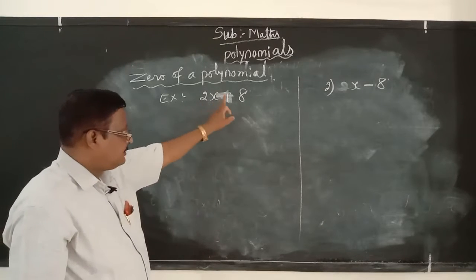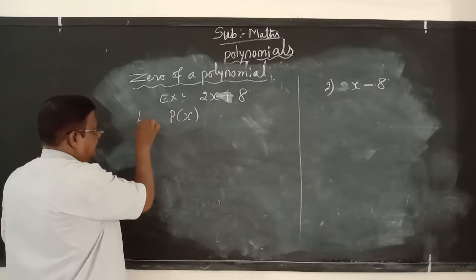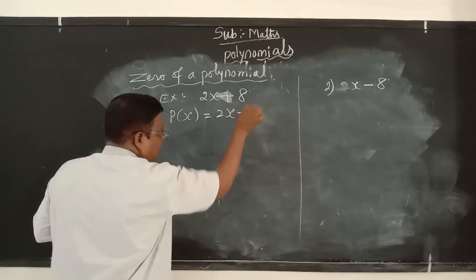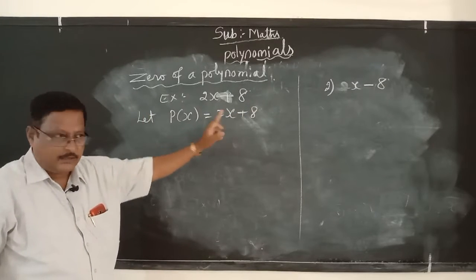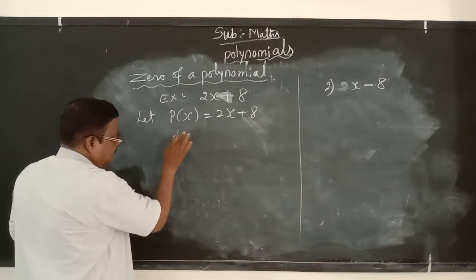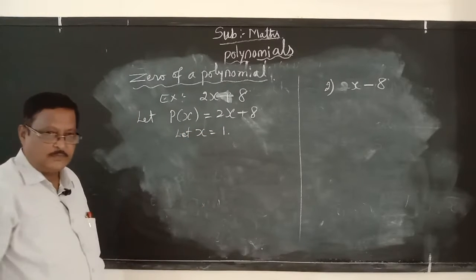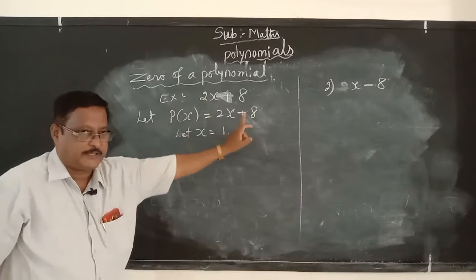Example: 2x plus 8. This is nothing but p of x. Let p of x is equal to 2x plus 8. Here you take an x value, let x is equal to 1. Substitute in the equation p of x is equal to 2x plus 8.